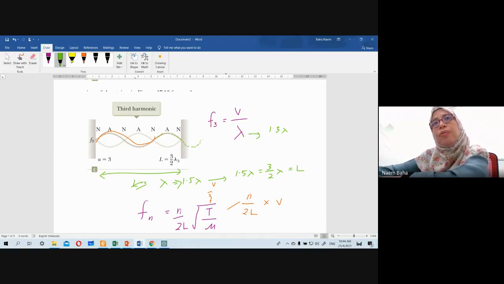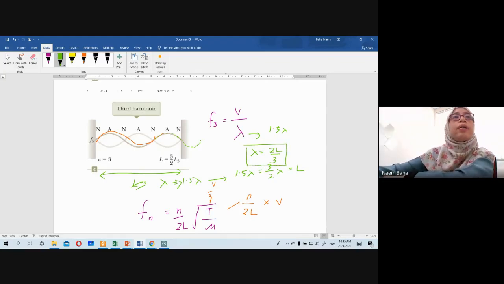And therefore, simplifying it, you will find that the lambda that you observe in this picture becomes 2L over 3. Okay, 2L over 3. Let me rub this. So I am going to replace this into here.